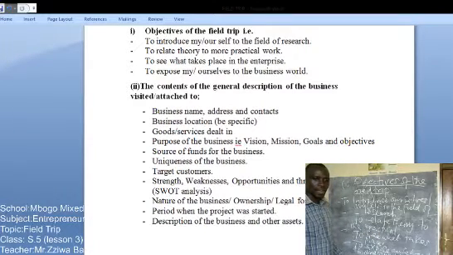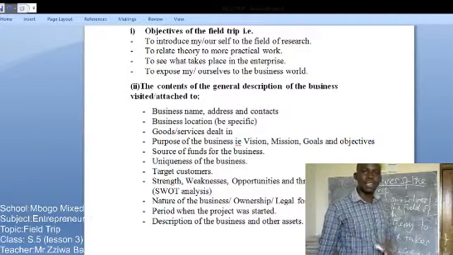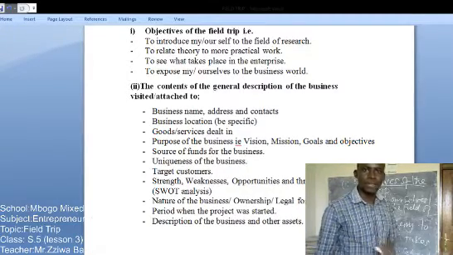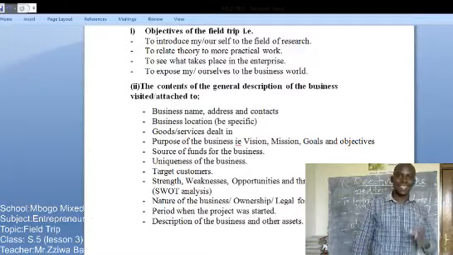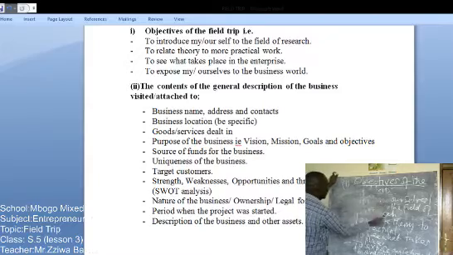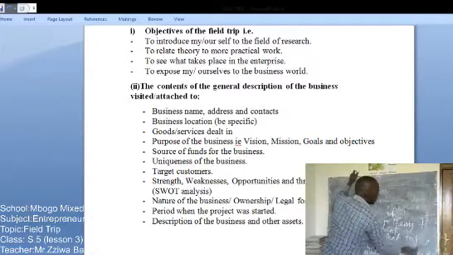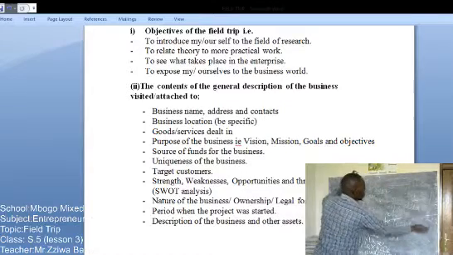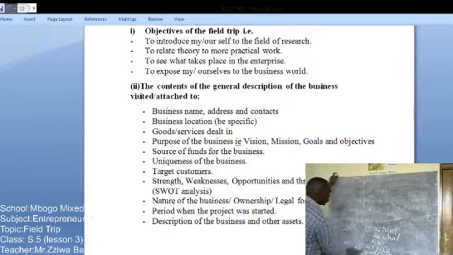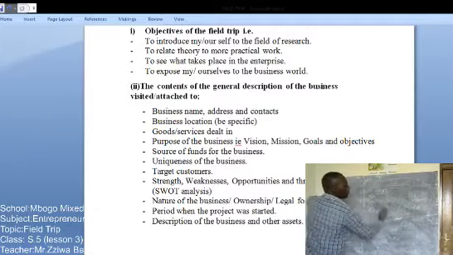Then the other component we are going to look at is the general description of the business visited. Remember, the concept is a field trip. I want us to describe that business being visited.